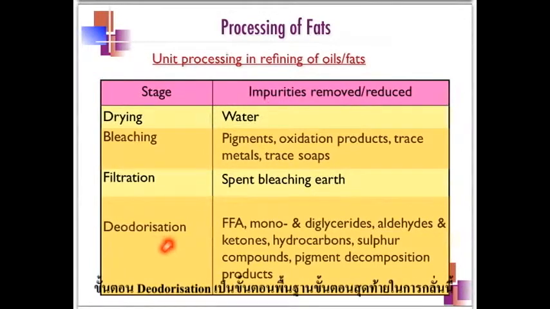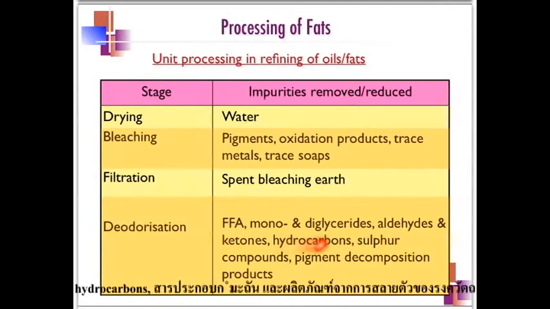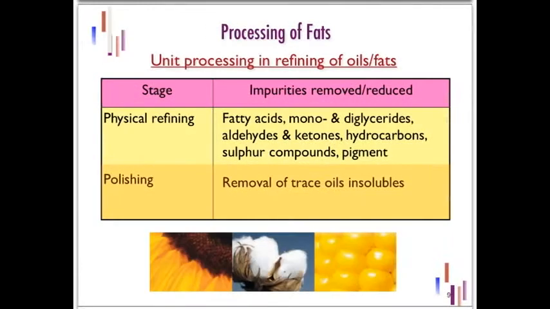Deodorization step is basically the final step in the refining. This will involve a high temperature process to remove the volatile fatty acid down to a very, very low level, and also to remove some residual mono and diglycerides and other small compounds, aldehydes and ketones, hydrocarbons, sulfur compounds, and the product of pigment decomposition from the oil.